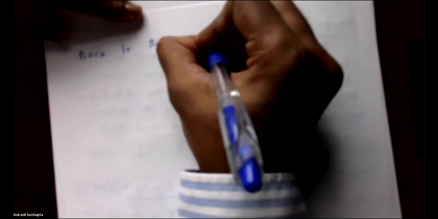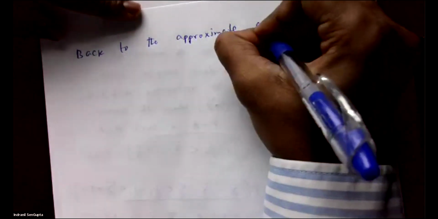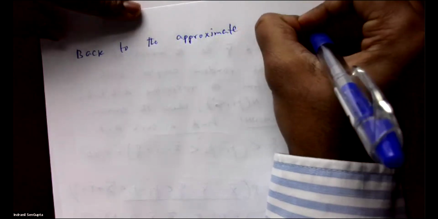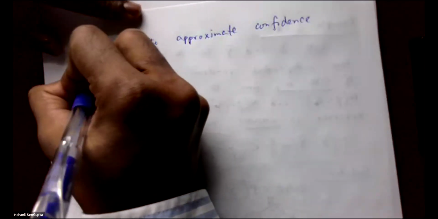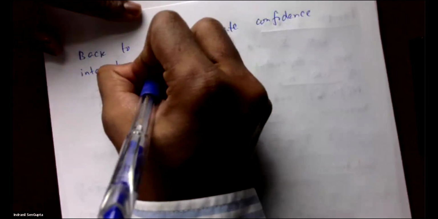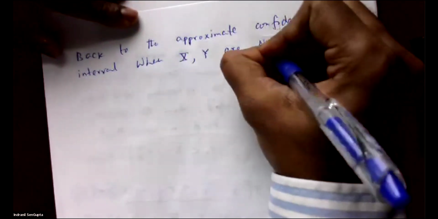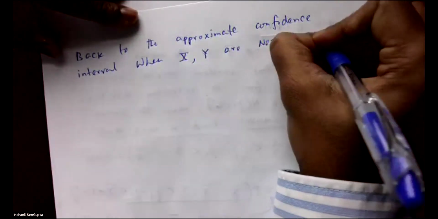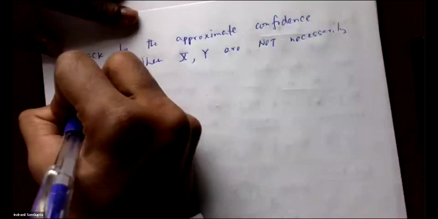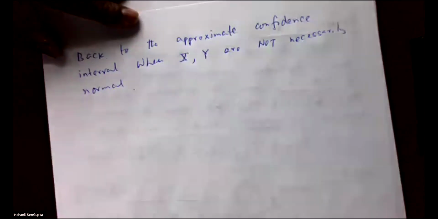So, back to the approximate confidence interval when X and Y are not necessarily normal.